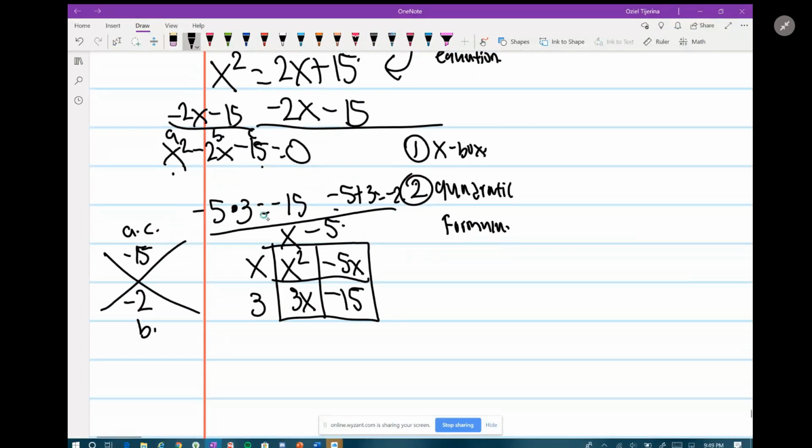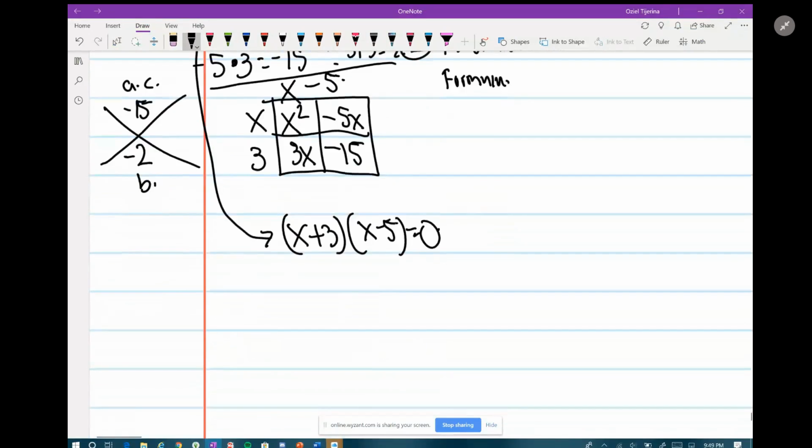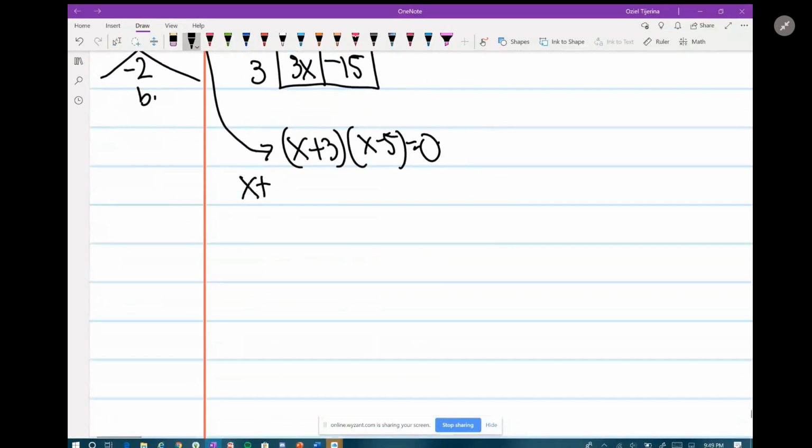So this simplifies to x plus 3 times x minus 5 equals 0. Then we say x plus 3 equals 0, and x minus 5 equals 0.